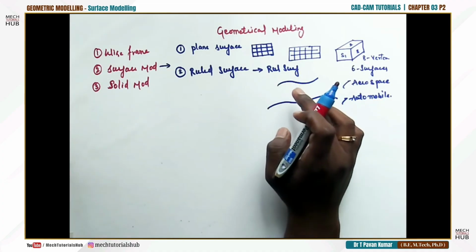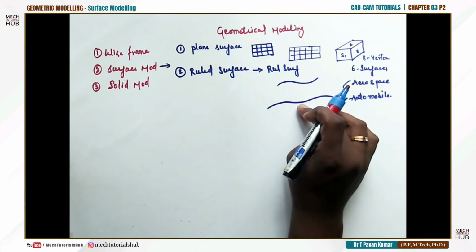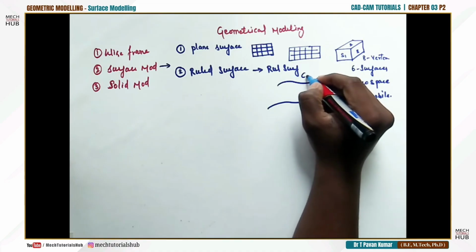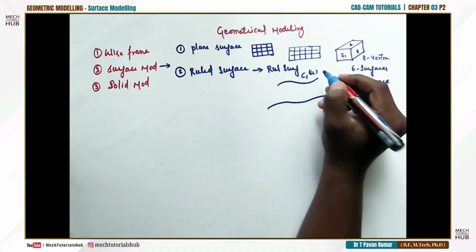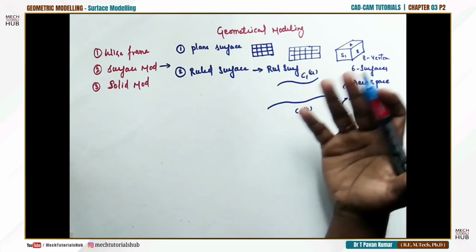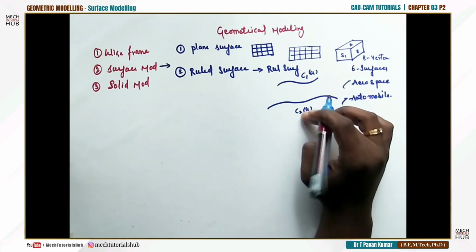It will ask me to pick the functions. I pick them one after the other, denoted C1 of u as the first function and C2 of u as the second function. The system will understand this language.